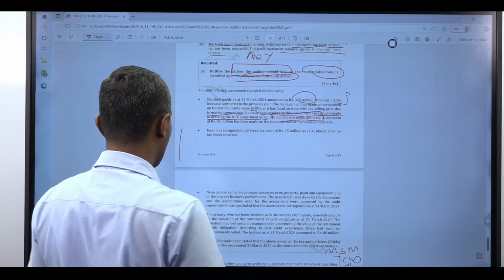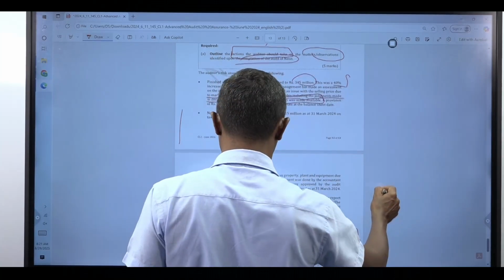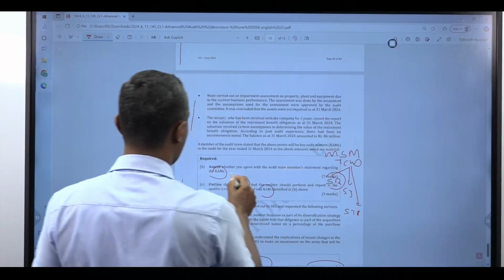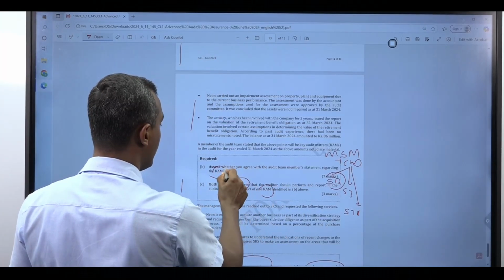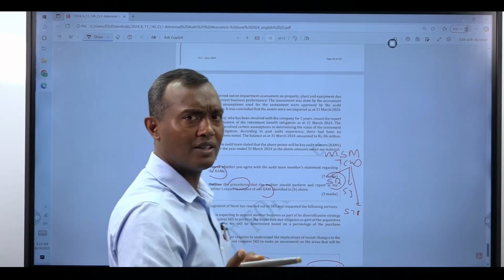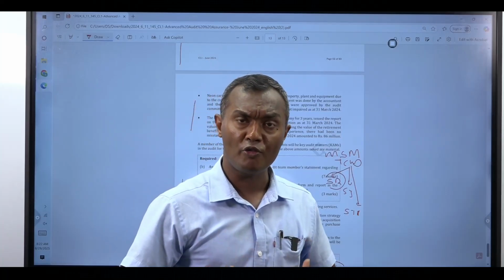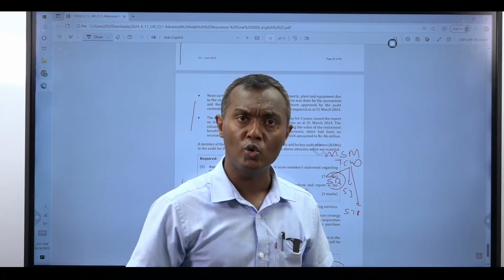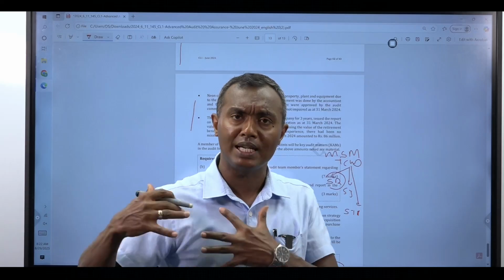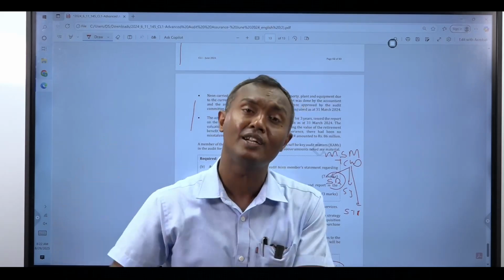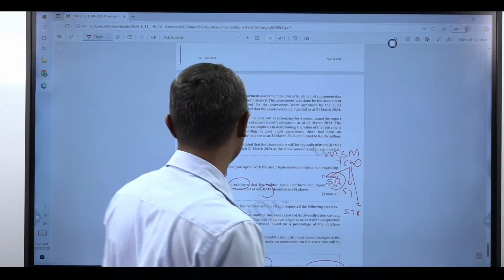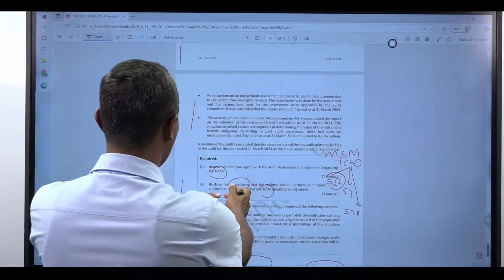Please write. Now here we have to answer two things in this question. One, assess whether you agree that this is a CAM. So inventory, do you agree? Yes. Why? The assessment of NRV includes significant judgment and assumption, and it is material, therefore it is a CAM. Then what are we going to do on that?